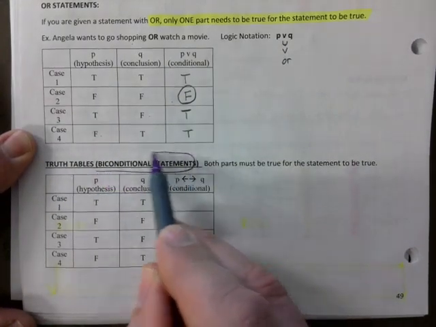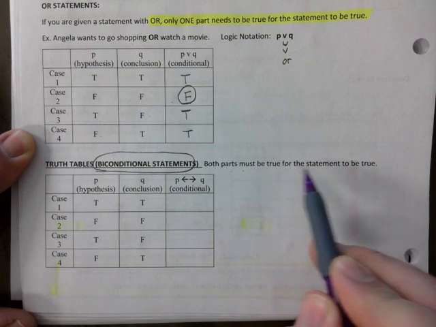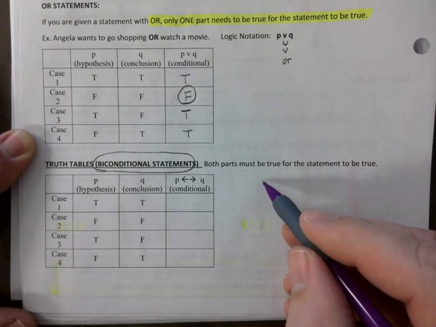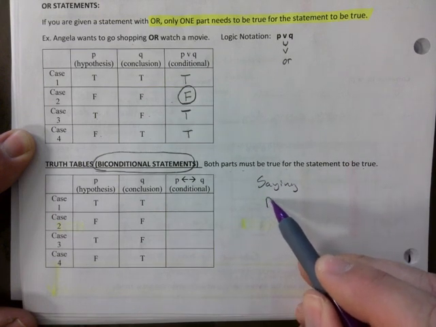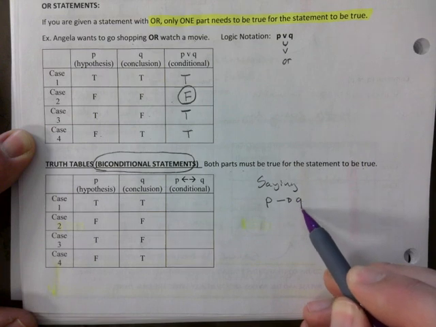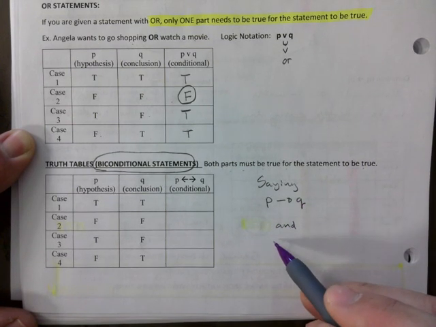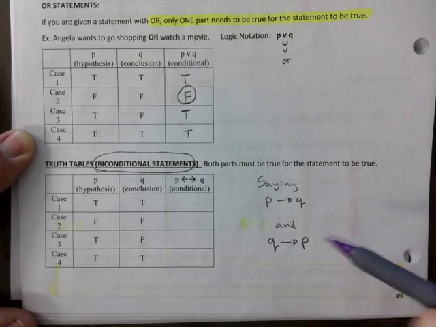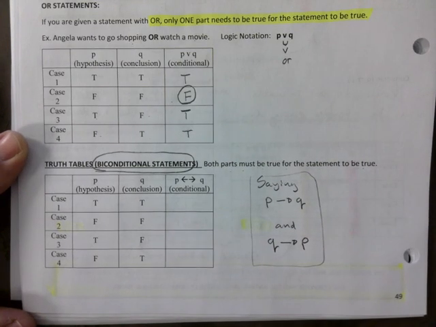Biconditional. Both parts must be true for the statement to be true. Because biconditional is saying if P then Q and if Q then P. That's what biconditional is, like it goes both ways.